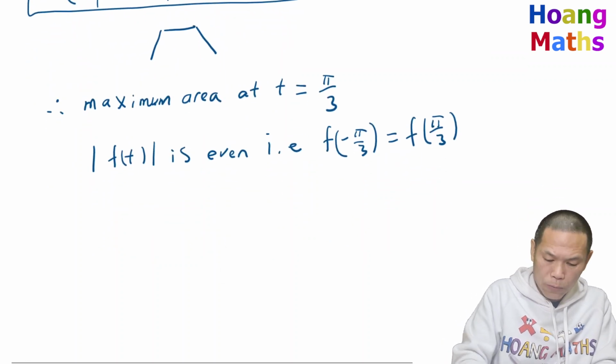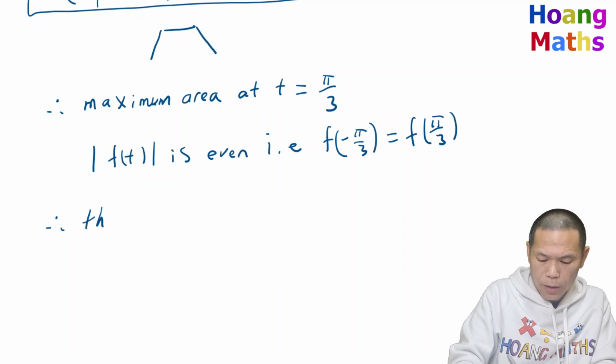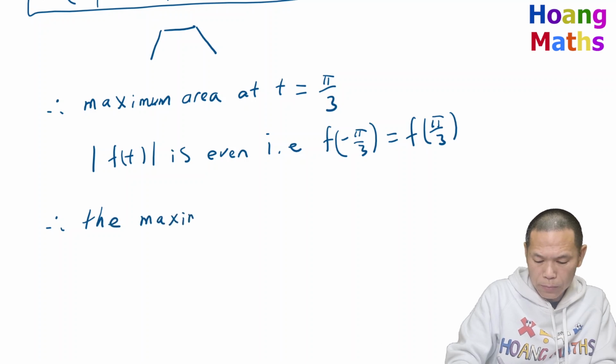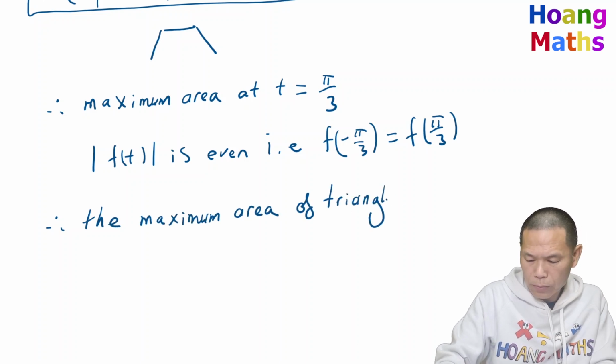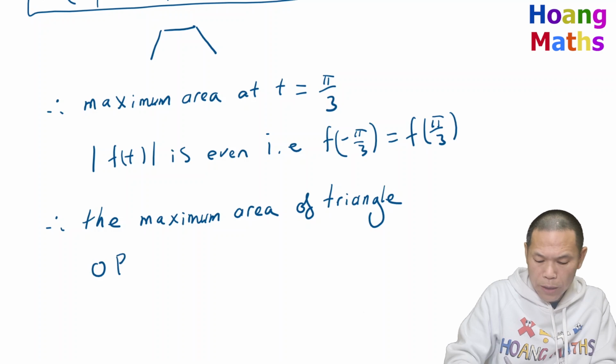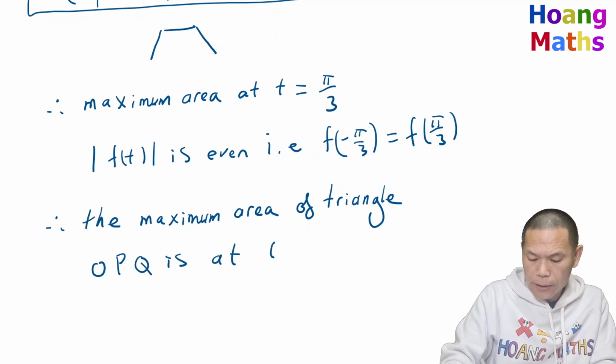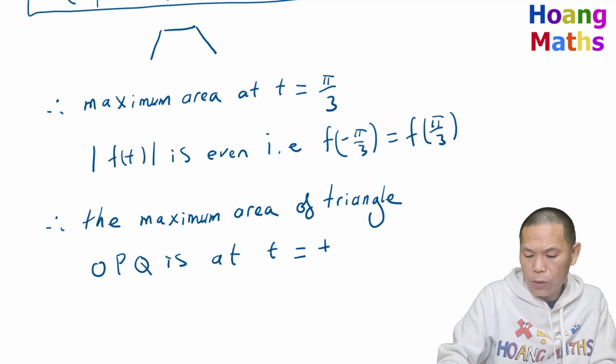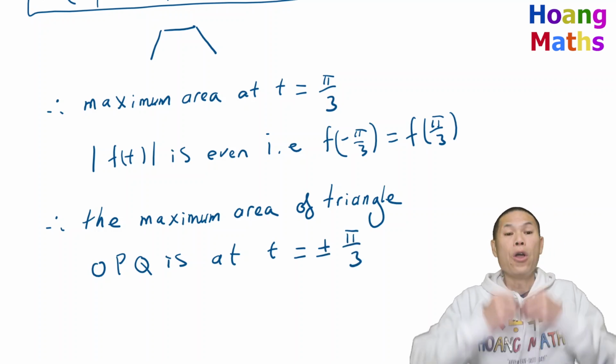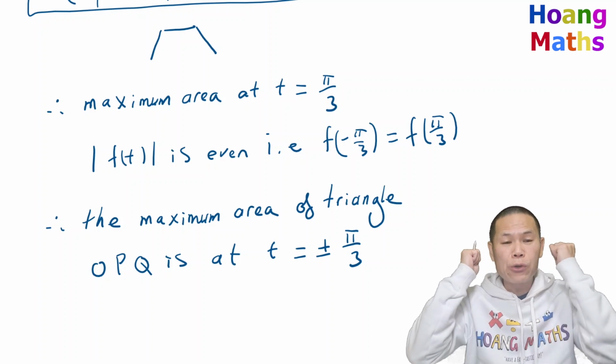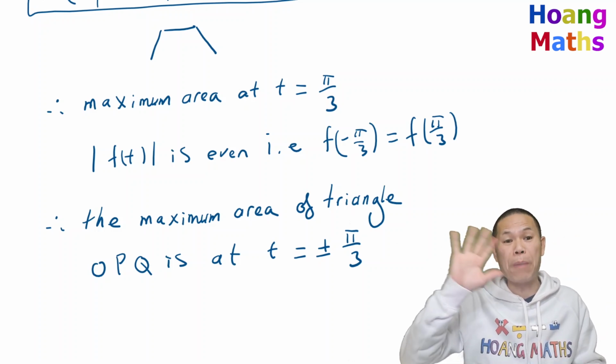Therefore, the maximum area of OPQ is at t equal to plus or minus pi over 3. So there you go, and thank you so much for watching. Bye.